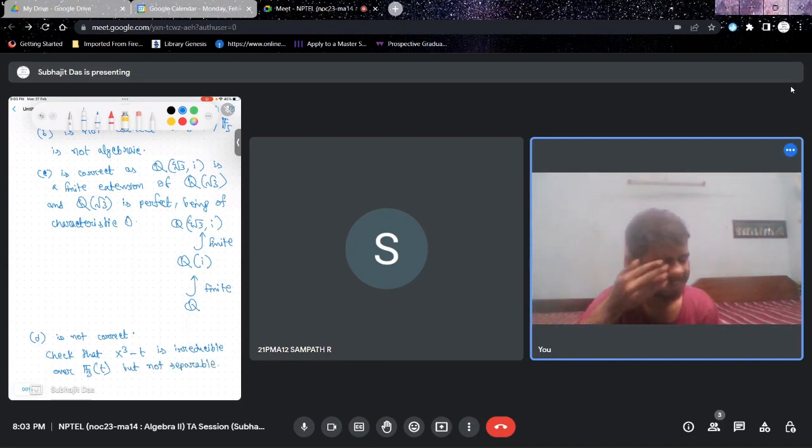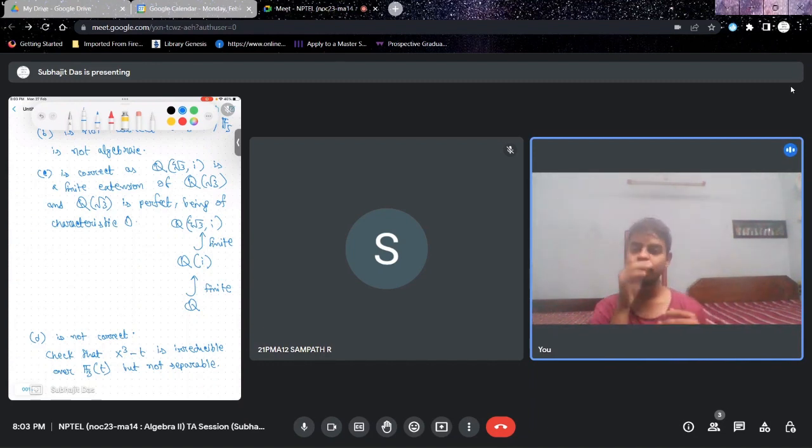You take an extension of this polynomial which contains a root of it, let's say alpha. Then in that extension, since alpha is a root, you get alpha cube equal to t, right? And thus x cube minus t can be written as x cube minus alpha cube, which is (x minus alpha) whole cube, because the characteristic of F3(t) is 3 precisely.